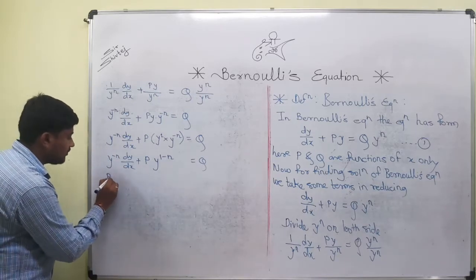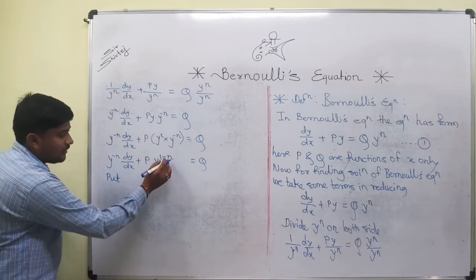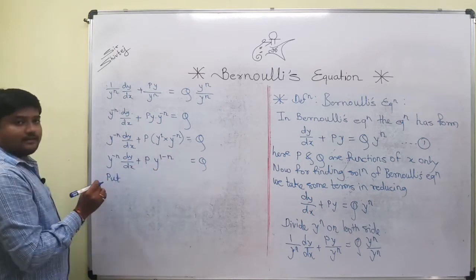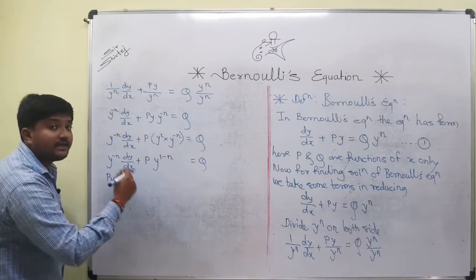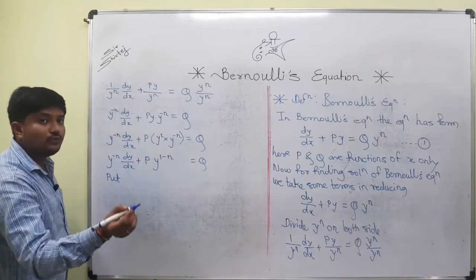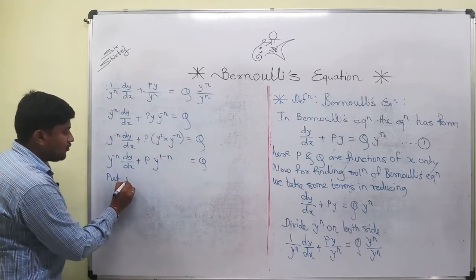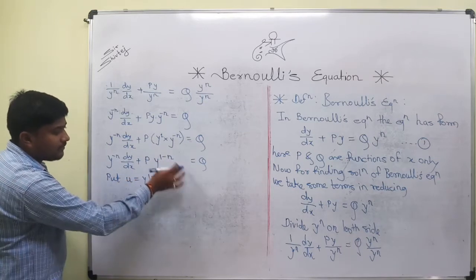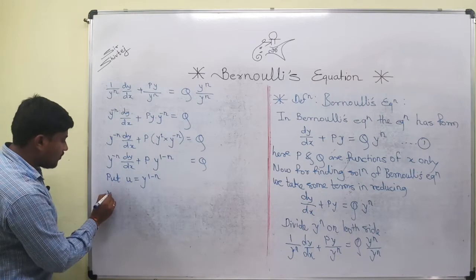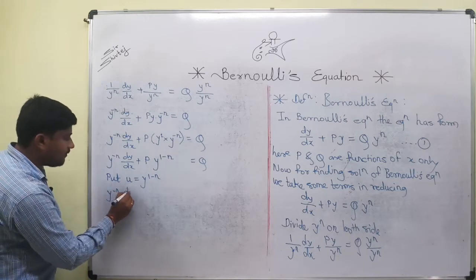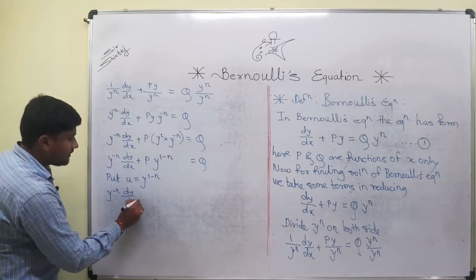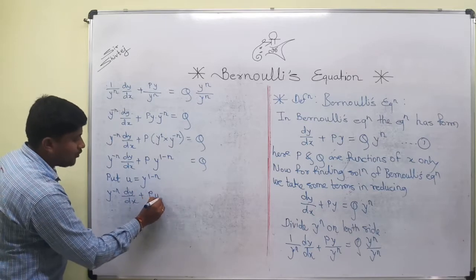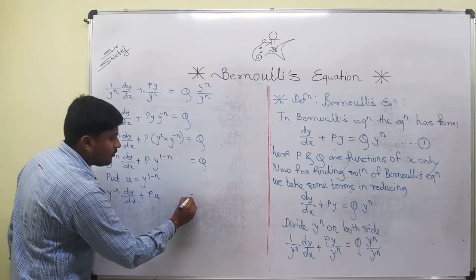Put u, that is y raised to 1 minus n, will be taken as small letter u, okay. Put u is equal to y raised to 1 minus n, then the equation becomes y raised to minus n dy by dx plus p into u is equal to q.